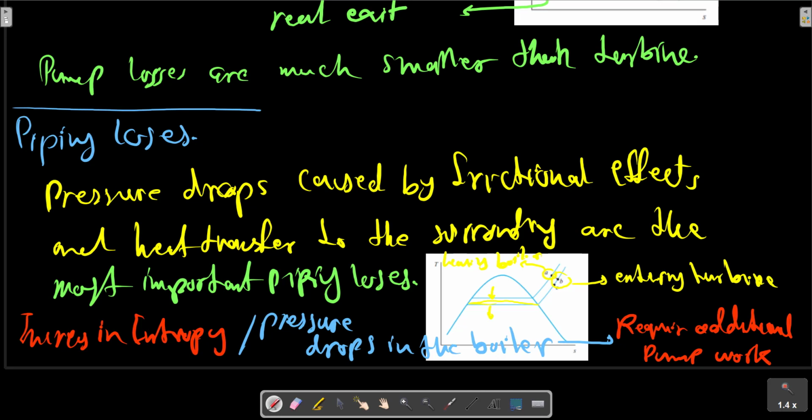Condenser losses. The losses in the condenser are relatively small.